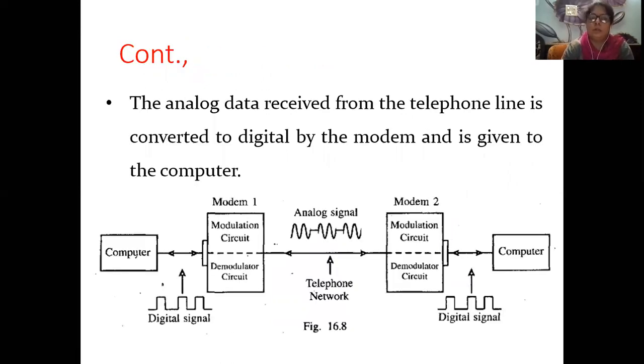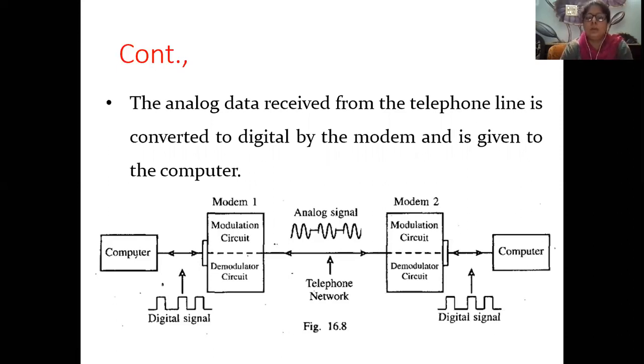Now how is it done? Whenever the analog data is received from telephone line at the receiver, it is converted into digital form by another modem and then it is finally transmitted to the destination computer. For example, in the figure, there is a computer and modem number 1. This is sender side.